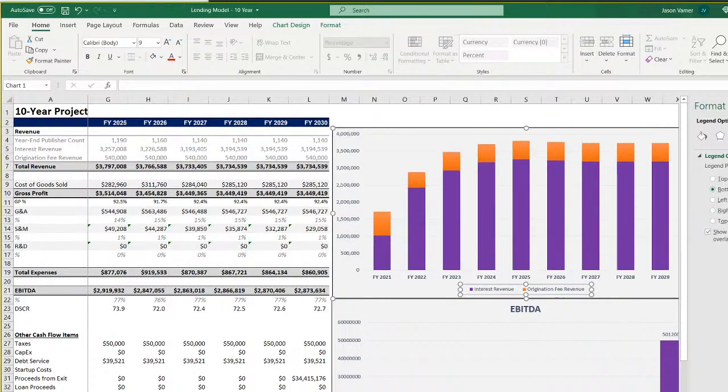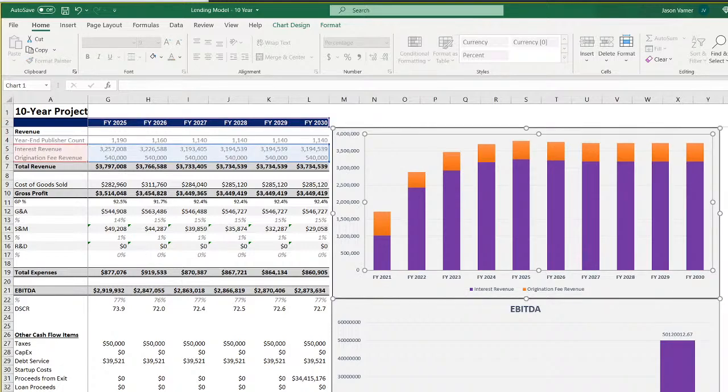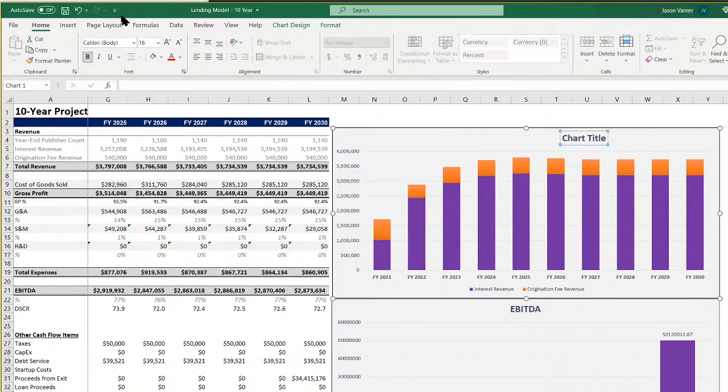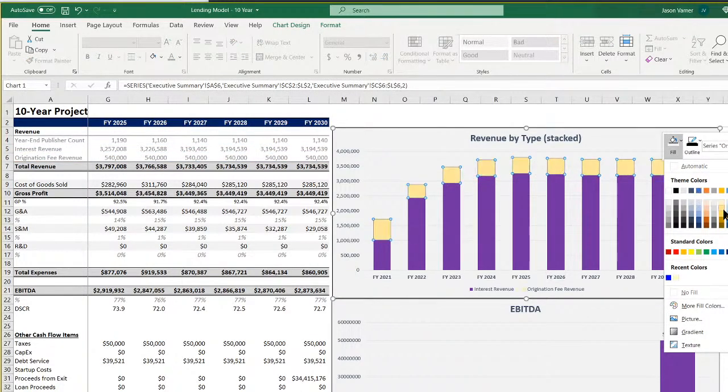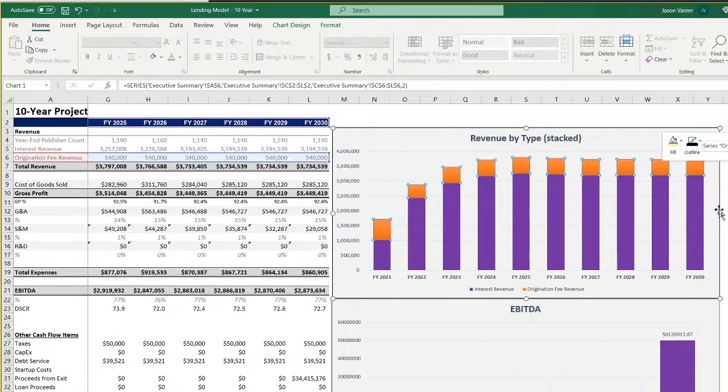The bottom, we also want to see a chart title. So revenue by type, and then it's a stacked, so that's actually the total revenue of the whole bar. It represents the total revenue made in this case. Do I like the color? Maybe do something. Ooh, kind of like that one, gold and purple.